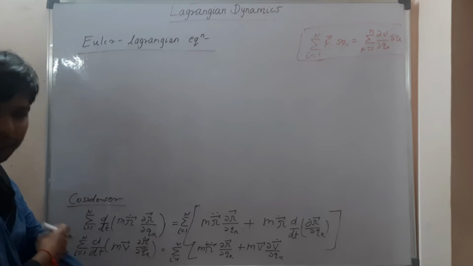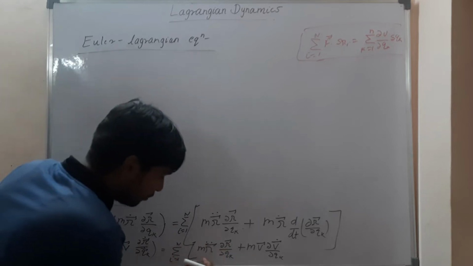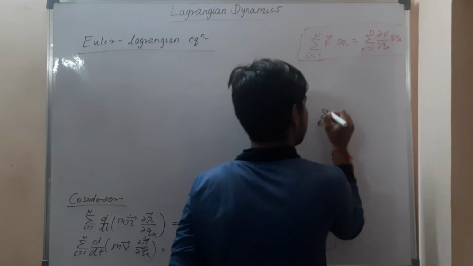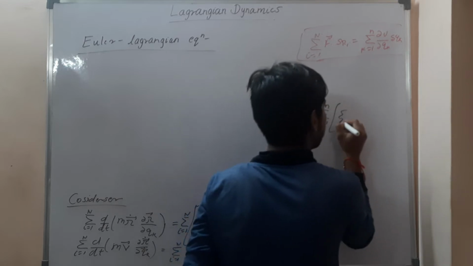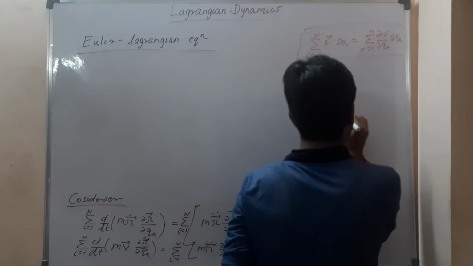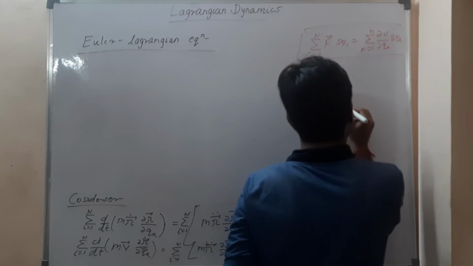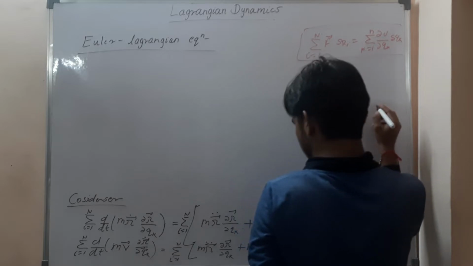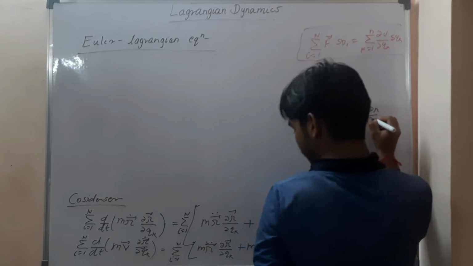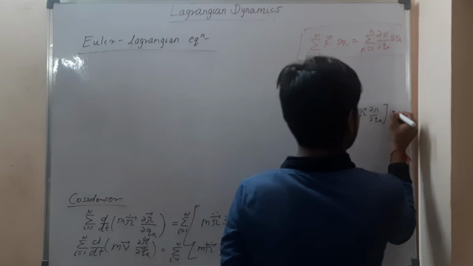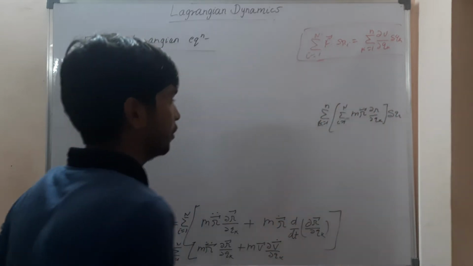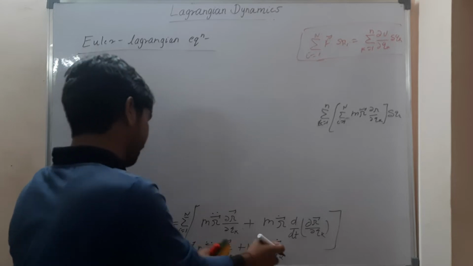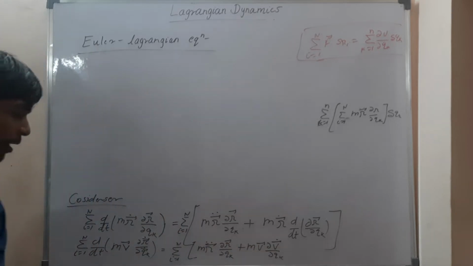If you have written everything, this term is the same one which was inside, i equal to 1 to capital N, k equal to 1 to small n, and then inside we got sigma i equal to 1 to capital N, and we had m r double dot ∂r by ∂qk equal to, okay, this was the equation. So this is the term like this. What can I do? I will keep it on one side, and all the other parts I will send to the other side.